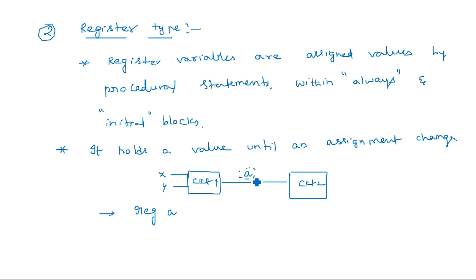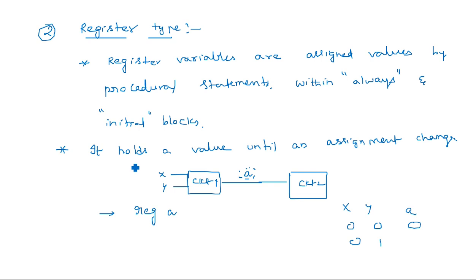This A is there until you give the next assignment for XY. Suppose for XY I have given 0 0 and I have got A as 0, and this 0 will be stored inside this register A until you give the next input like 0 1. So that is the main difference between register and your wire or net.